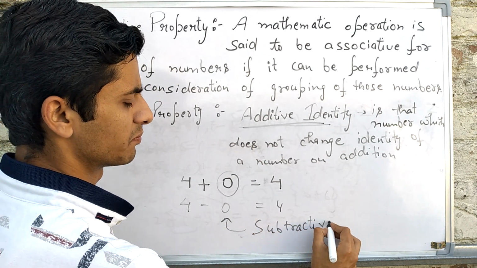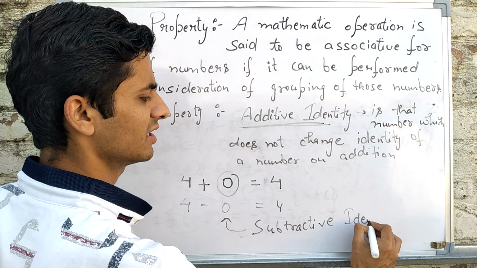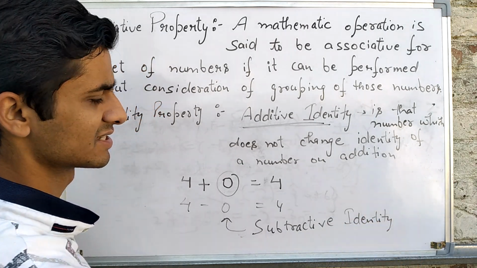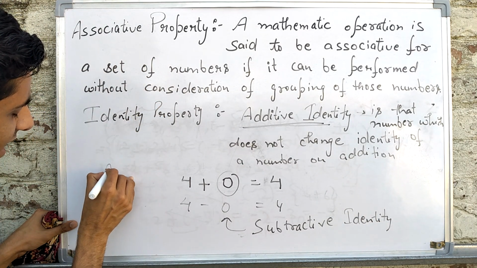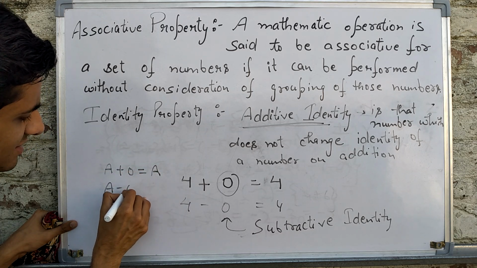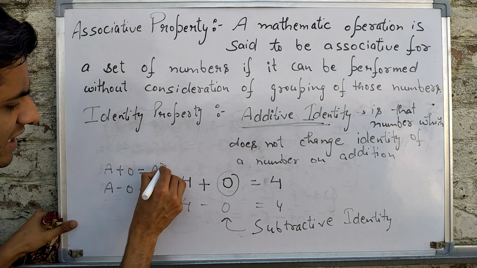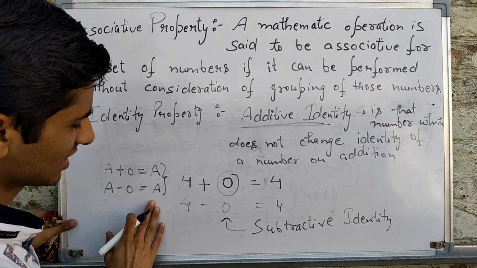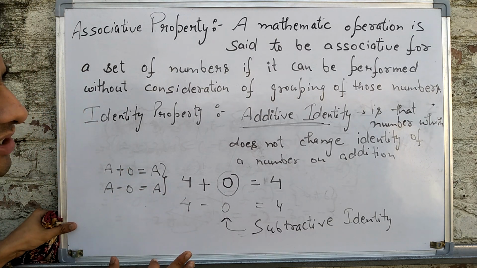If you subtract 0 from a number, you will get the same number. So you can say that a plus 0 is equal to a, or a minus 0 is equal to a, where a could be any natural number, whole number, or an integer.